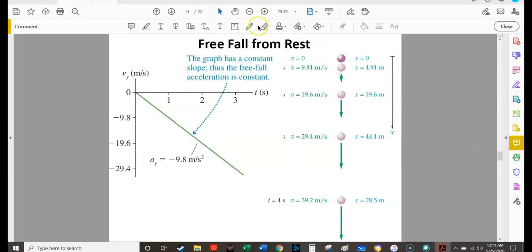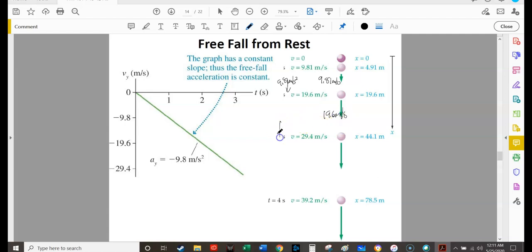I'm going to mark up this document by hitting the comments, and so now I have tools. So now you could say this vector is 9.81 meters per second. Okay. And then that acceleration vector is going to add another 9.81 meters per second to this. And now this next vector is going to be 19.6 meters per second, which is 9.8 plus 9.8. So now we're traveling at 19.6 meters per second.